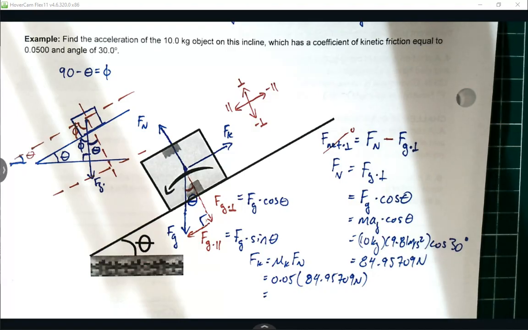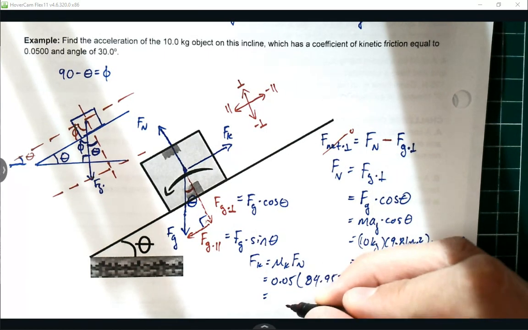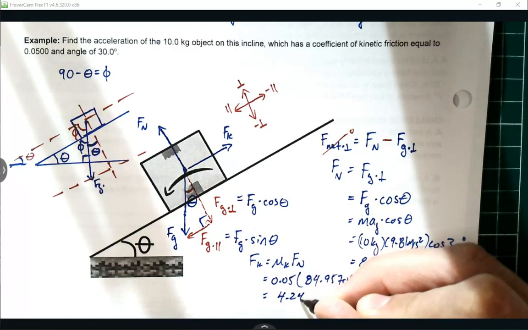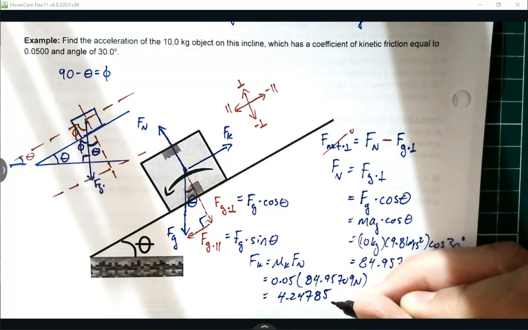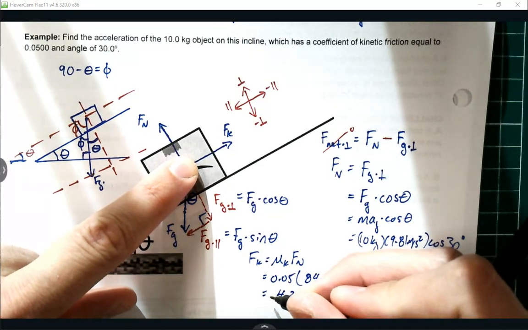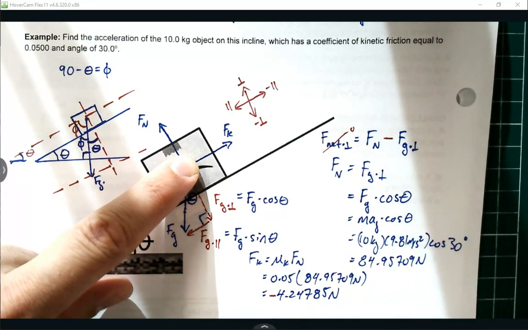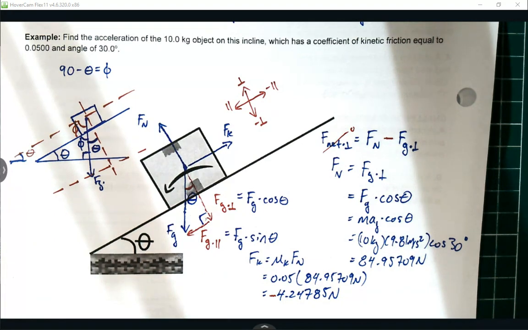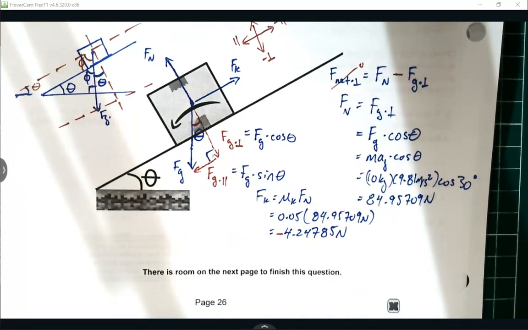I'm just checking my own math here. I want to make sure we all get the same answer. Anybody? Audrey? 785 newtons. And because of the reference frame, I'm going to force in a negative sign here. Okay? Just to remind myself.